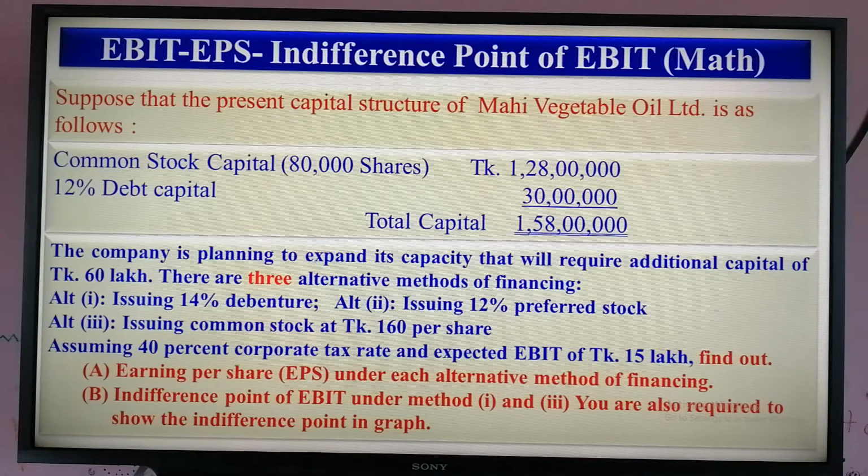And in requirement B, at different points of EBIT under method 1 and 3, you are also required to show the indifference point in a graph paper. The EBIT-EPS approach indicates 3 things. 1, calculate EPS. 2, calculate the indifference point of EBIT between 2 alternatives.